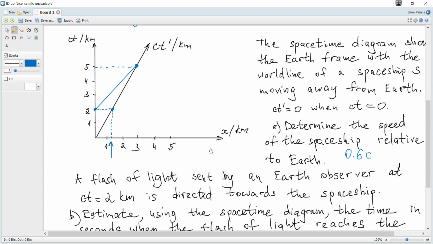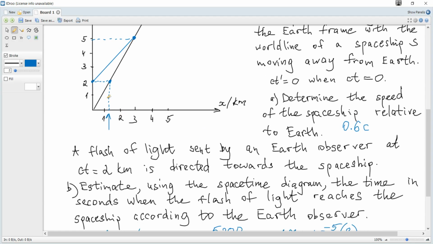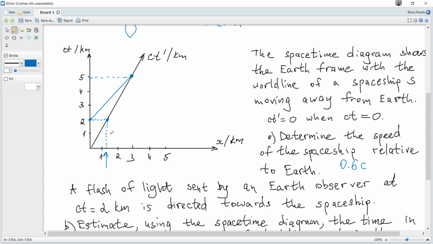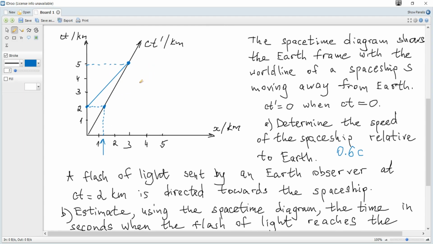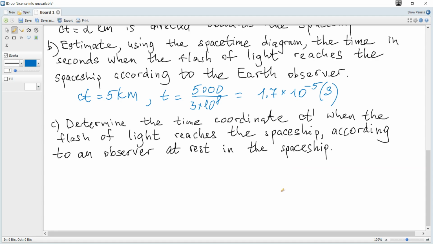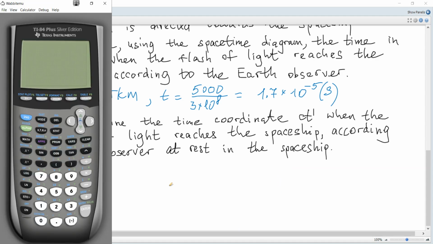The relation is the next. 1 unit on the ct primed axis, and it's always true, using a horizontal line, not slant lines, corresponds to 1 times gamma, where gamma is the gamma factor, 1 over square root of 1 minus v squared over c squared, and for 0.6 c it's 1.25.